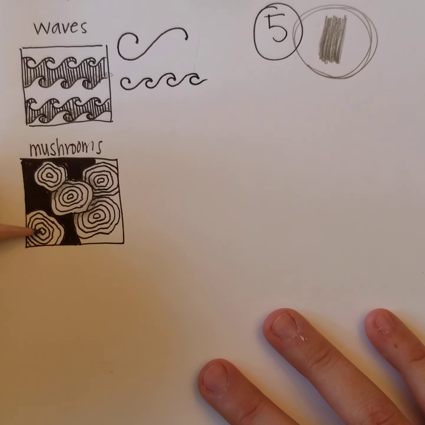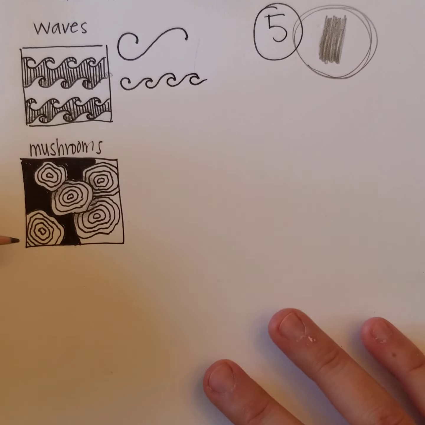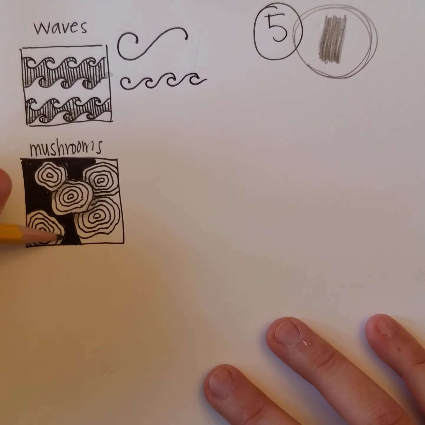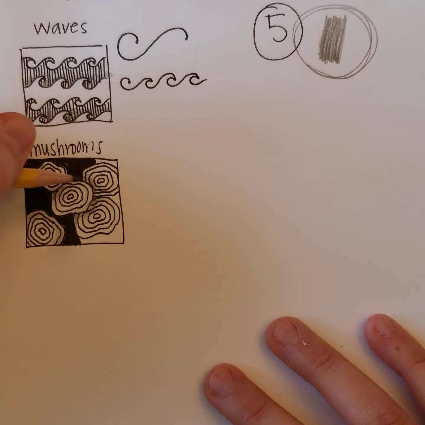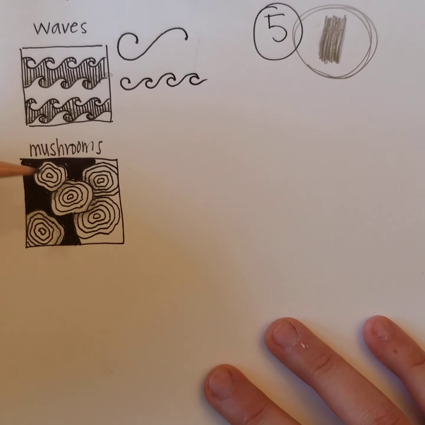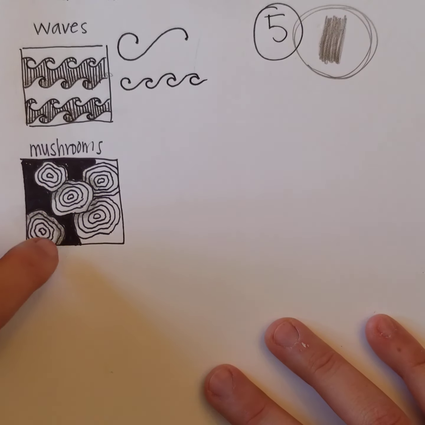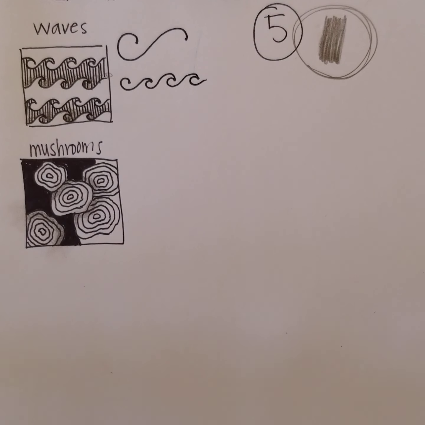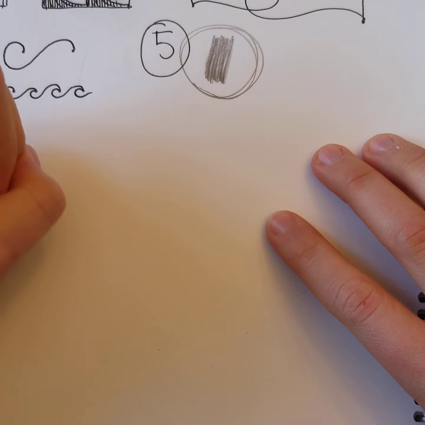Another thing I could do is, if I wanted to make it look as if it's going back into space, I could add shading to the outer ring to start to get it to push back. So there's a lot of freedom and choice in what you're able to do. So that's mushroom.